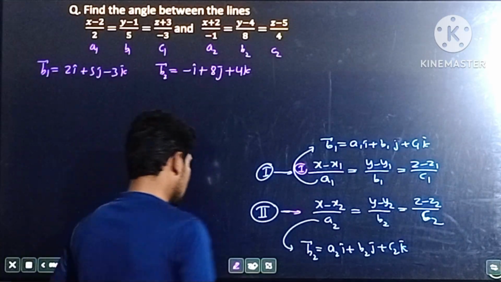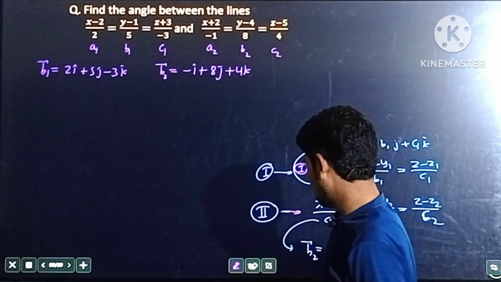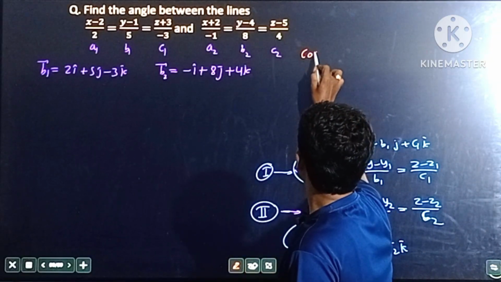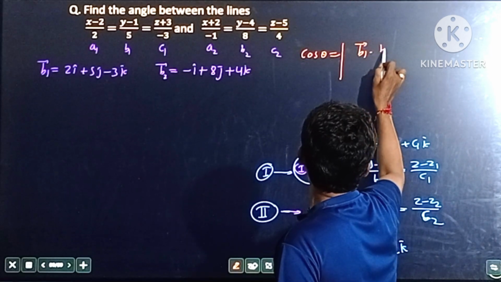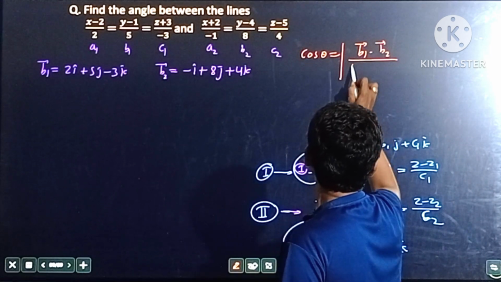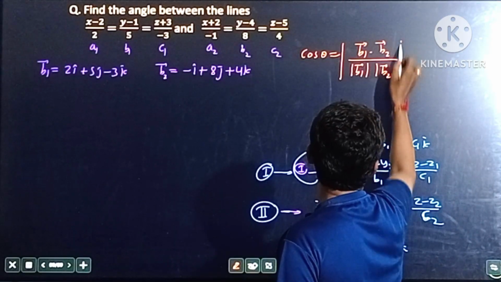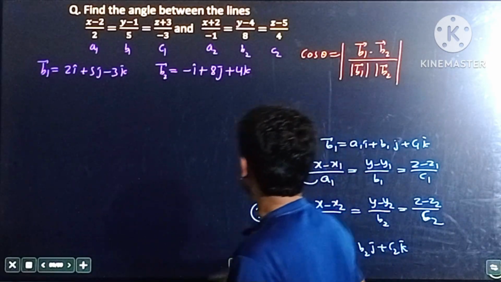Now just substitute the required values in the formula for the angle between two lines. That is, cos theta is modulus of b1 vector dot b2 vector divided by magnitude of b1 vector into magnitude of b2 vector. So we need b1 vector dot b2 vector.